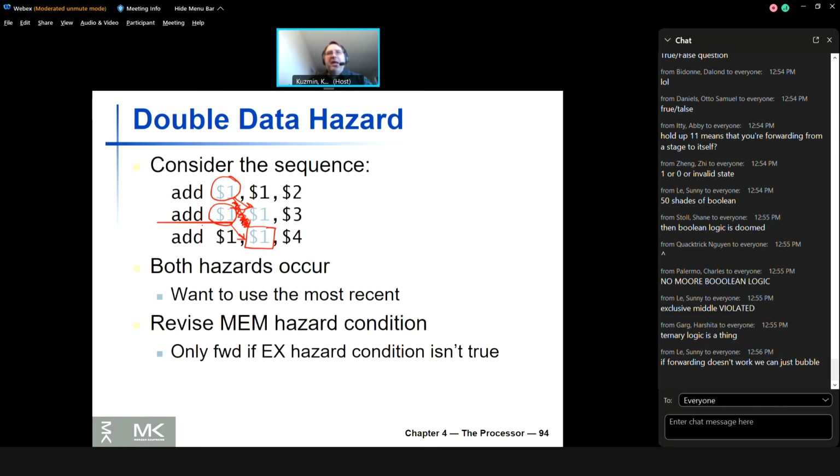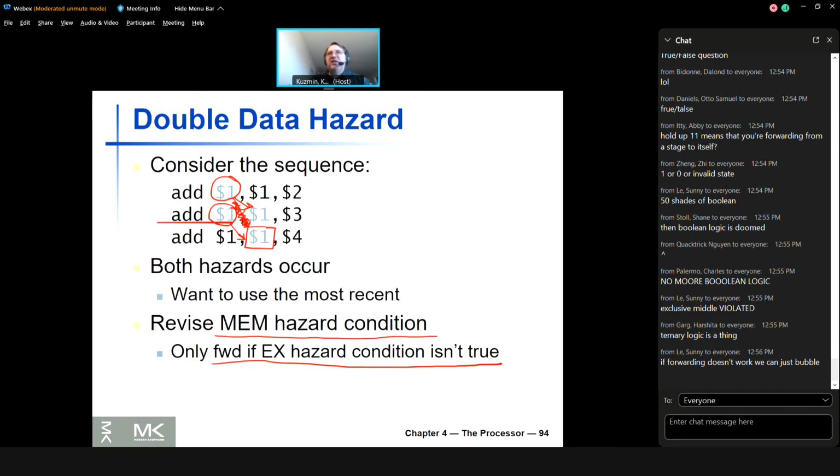We want to use the most recent, just like our slide says, and that's why we need to revise our MEM hazard condition to say that we only forward if the EX hazard condition isn't true. This is exactly this mutual exclusion for 2 cases, Roman numeral 1, Roman numeral 2. If we have a case which would trigger both of them to be true, we have to prevent it.